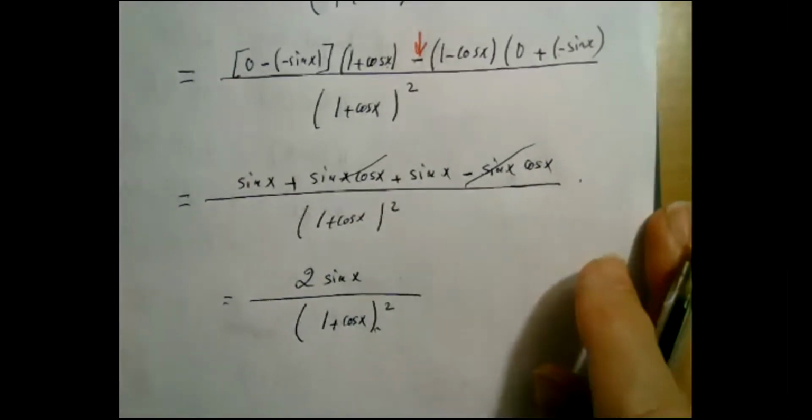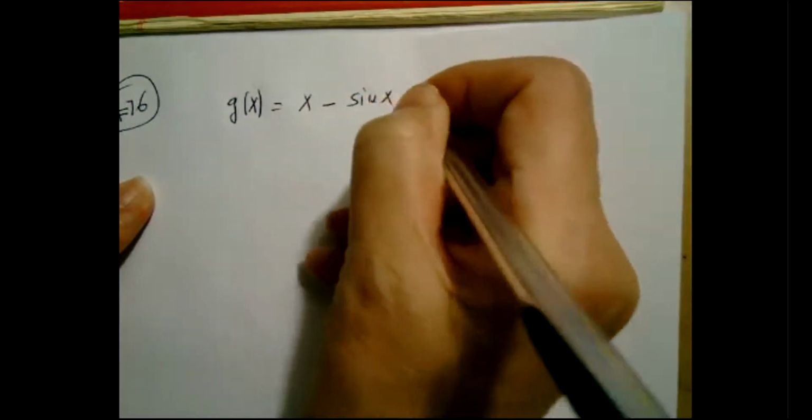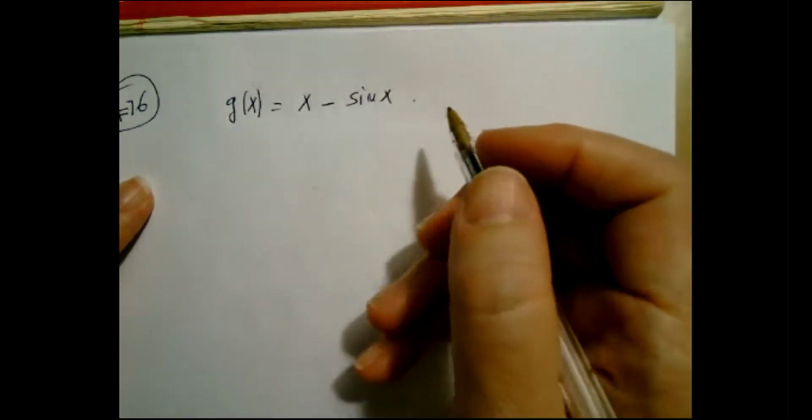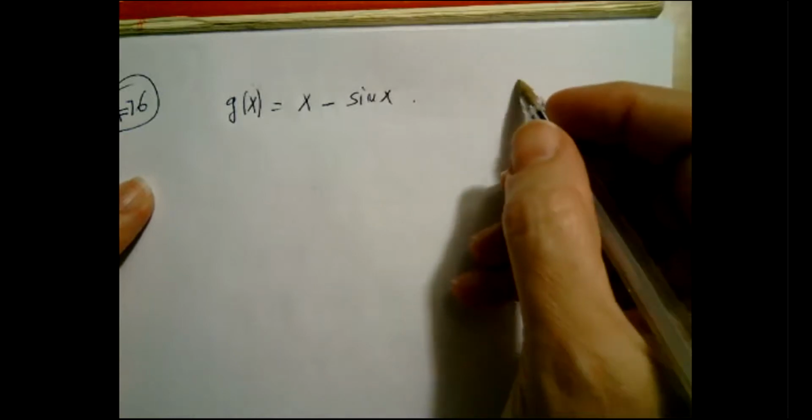All right, let's look at the last 2 problems and then we move on. So 76. Location of the tangent, whatever. For what value of x? So we have the function g of x equals x minus sine x. And the question is, for which value of x is the tangent line horizontal?